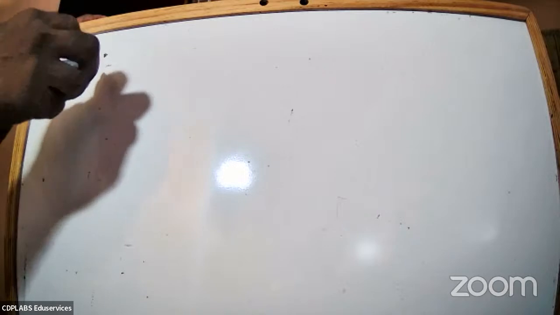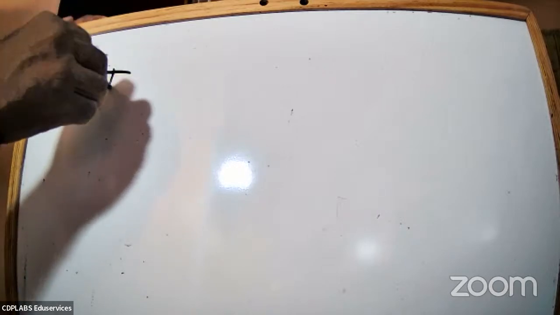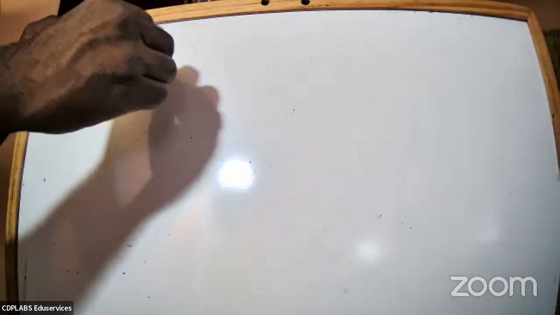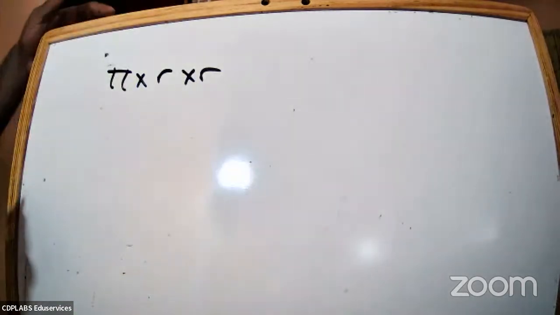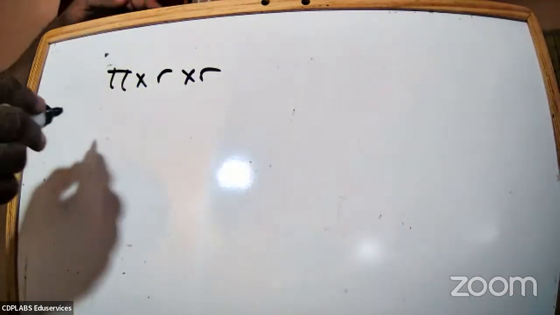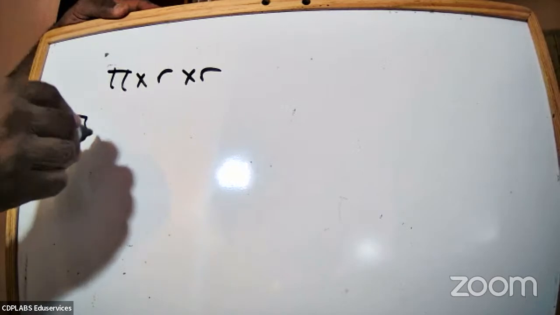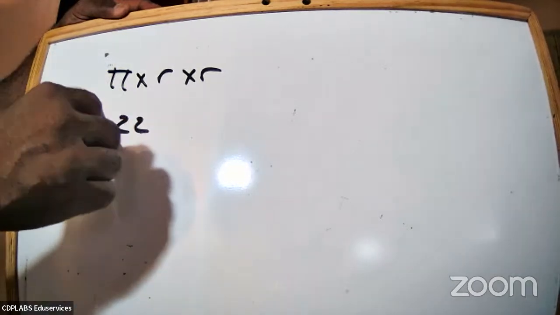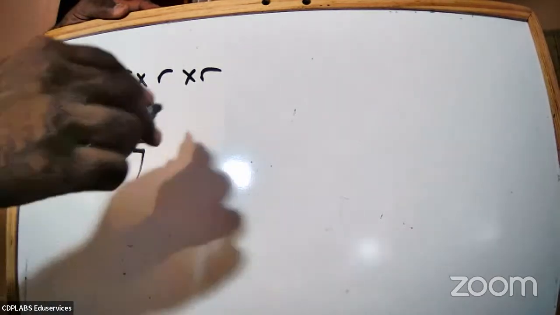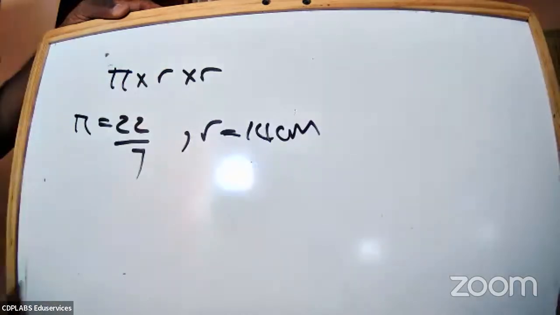So the formula we use to find the area of the circle first is pi times r times r. Now the exam tells you what to use pi to be. So pi is used as what? 22/7. I know the radius is 14 centimeters.